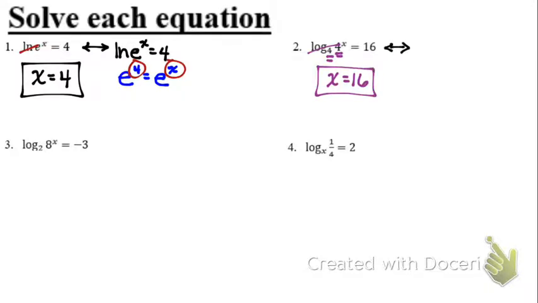Just like the other problem, you could say 4 to the 16th power equals 4 to the x power, and then I can see it that way as well, if I rewrite it in its exponential form. Remember, when it's in log form, whatever comes after the equal sign is my exponent.